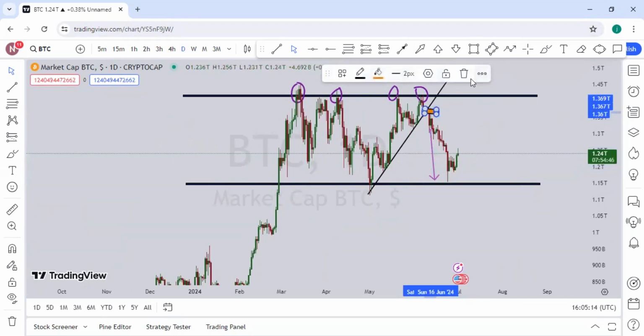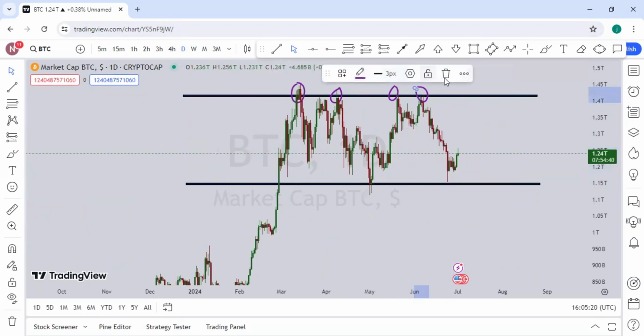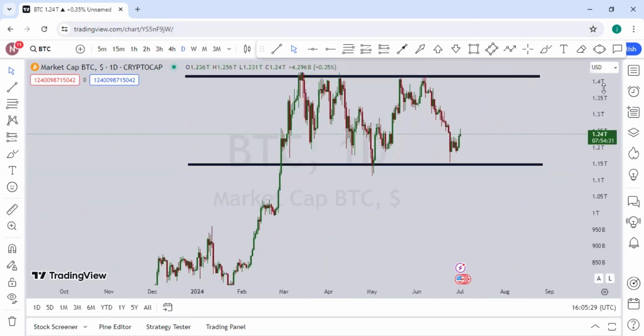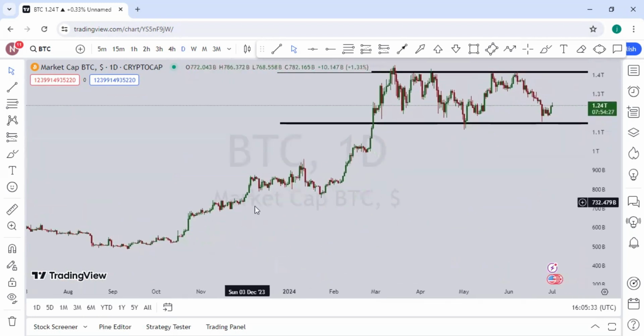But now let's look if we can have something else on this particular pair, and also if I can take a trade for the next week. As you can see, overall this market is bullish.